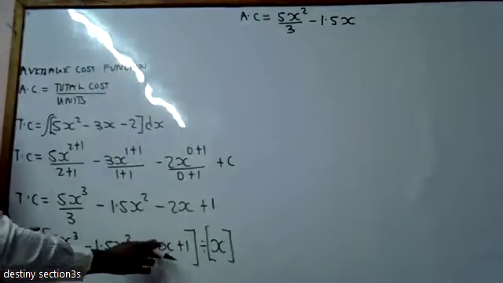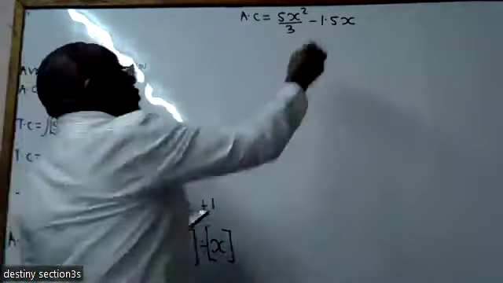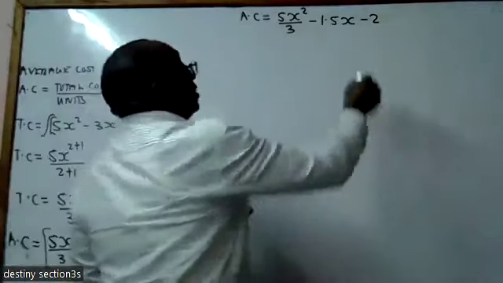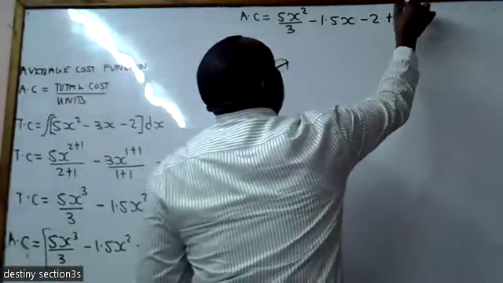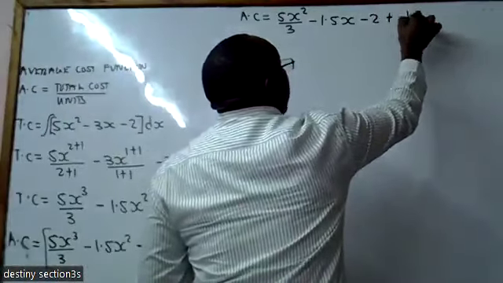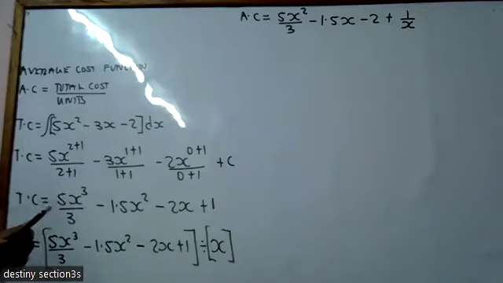Hii nayo iishe ndio tuachiwe minus 2. Na hapa nayo itabaki 1 out of x. So that is the average cost.